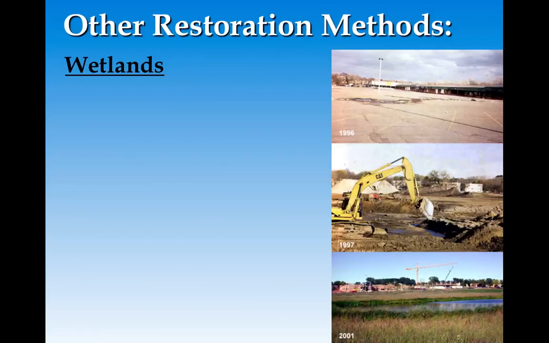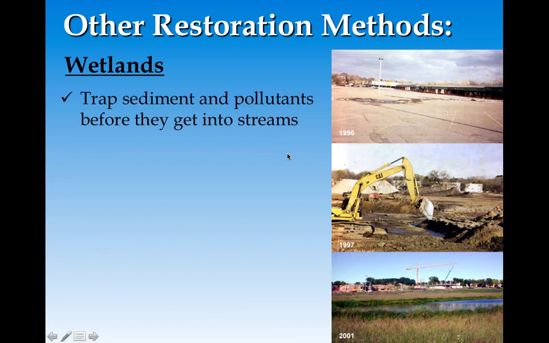And wetlands, lastly, are another really great restoration method. And wetlands, if you remember when we talked about biomes, they're essentially like sponges. They are usually at the boundary, the border of a landmass and a waterway like an estuary. And as the water goes from the land into an estuary or a bay or the ocean, they trap a lot of the sediment and pollutants before they get into the streams.